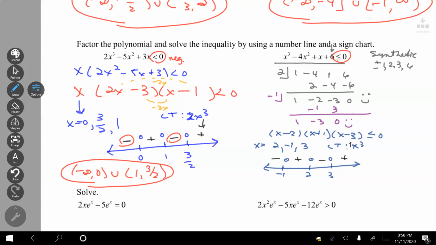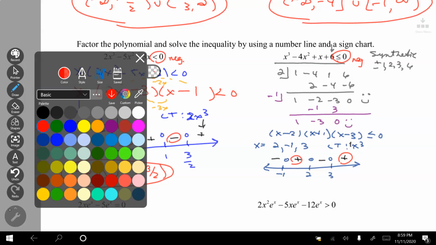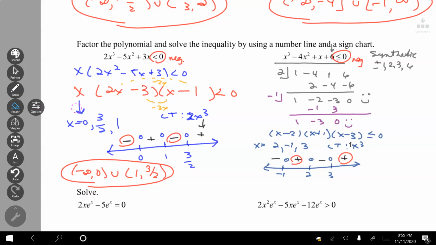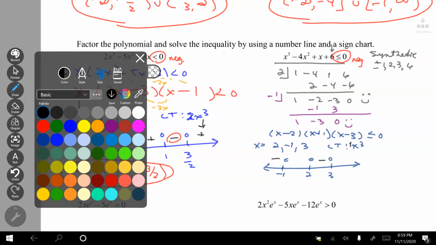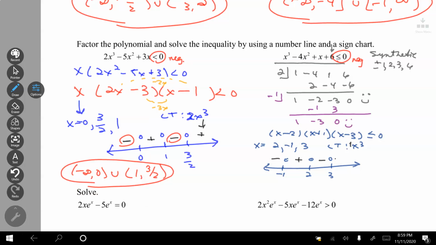I want all the positive values. So they're here, including 0. Well, I really want all the negative values. I'm not paying that close attention. Let me grab my eraser. These are positives.